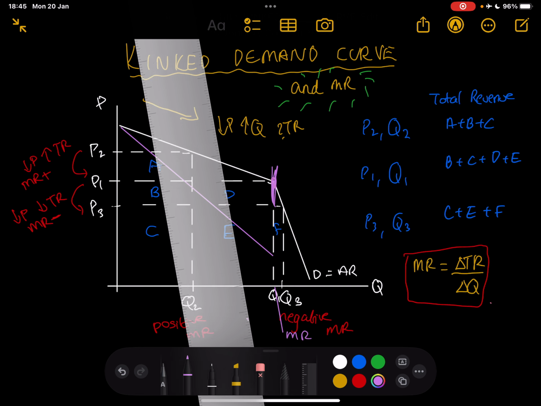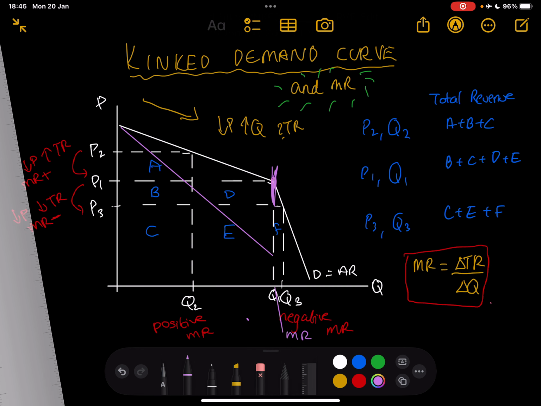And it keeps going because there's more units sold beyond there, but that goes off my screen. This is the MR, so there's a dashed line here because it's a discontinuity, a jump from one MR curve to the next MR.